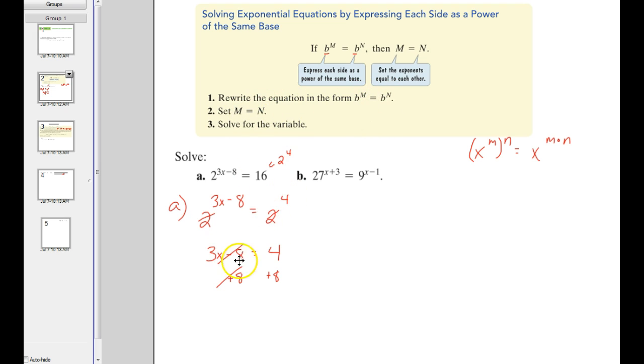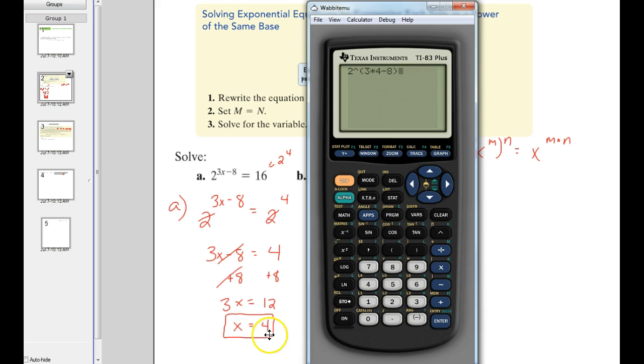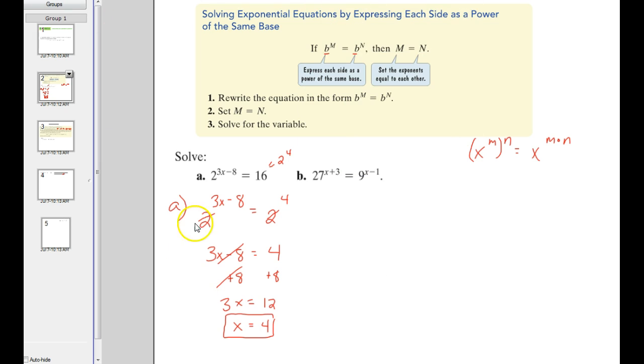And then we just solve this linear equation. We add 8 to both sides, the 8's cancel. We're left with 3x equals 12. Divide both sides by 3, we get x equals 4. And there's our solution. We can easily check it by plugging the 4 in for the x right here, which I've done here, and then enter, and we get 16, so we know that it works. So if you can change both bases, it's the easiest it's going to be.